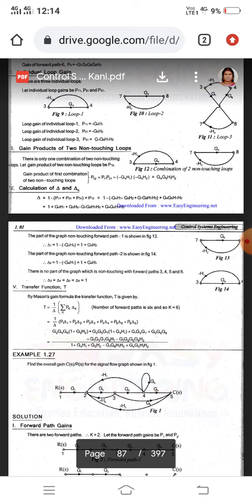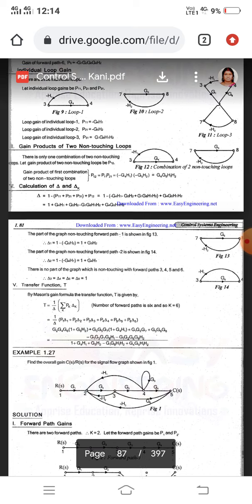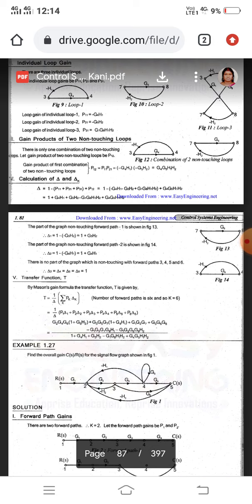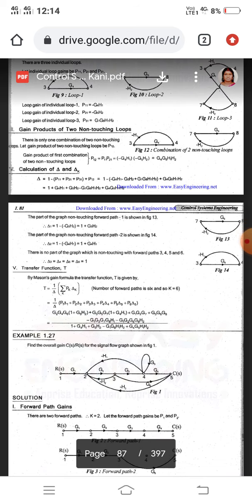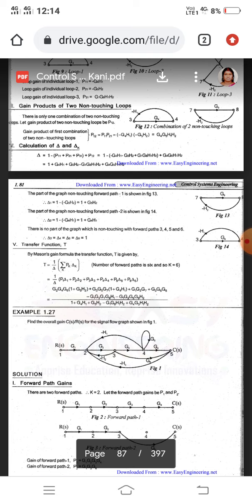After this, we find the non-touching loops on each forward path. Del 1 has 1 non-touching loop, so 1 plus G5 H2. Del 2 has 1 non-touching loop, 1 plus G4 H1. For del 3, del 4, del 5, del 6, there is no non-touching loop on the forward path, so we put 1.